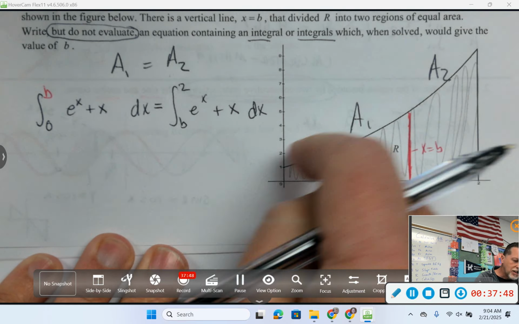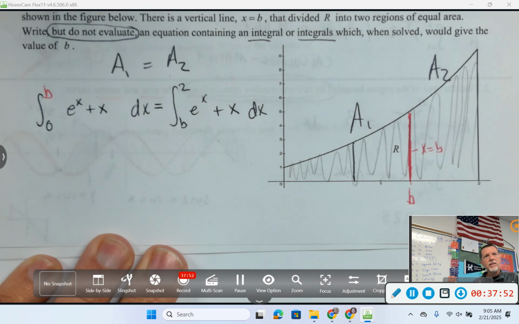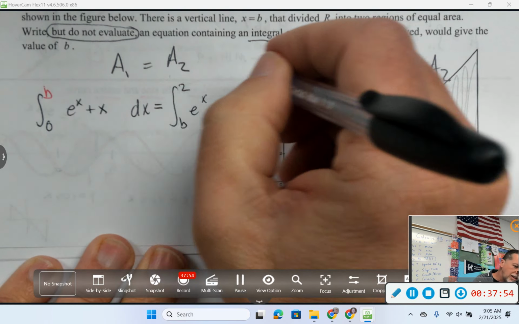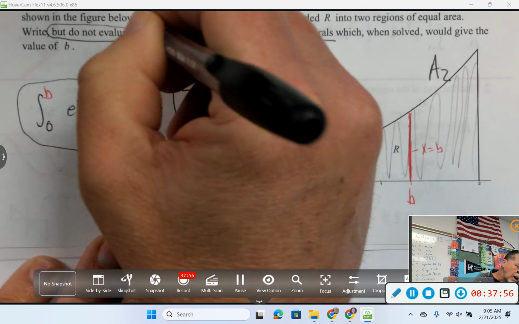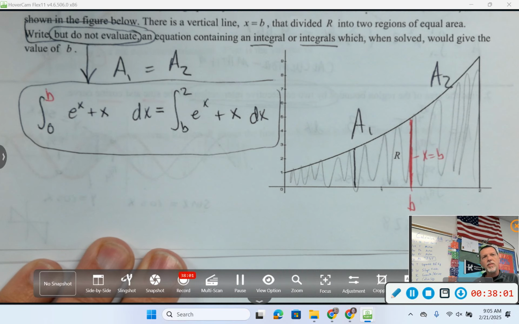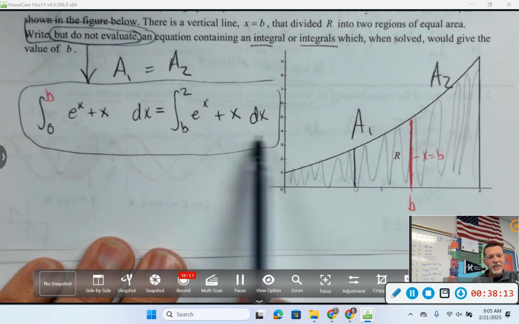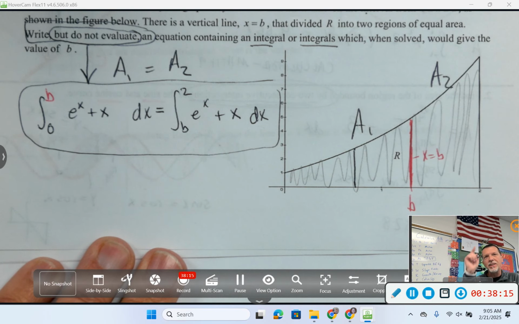When solved, so if we wanted to solve this, we could figure out what b is. Write, but do not evaluate. We like those. Those are frequently on free response questions, and they realize that solving this would take a few minutes, and they don't want you to take a few minutes solving it. They want you to set it up and be good.